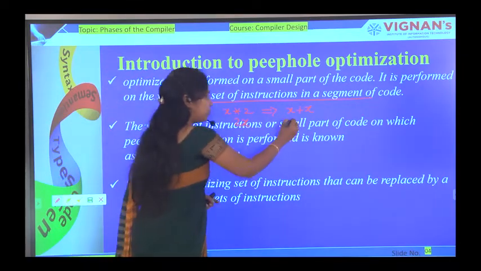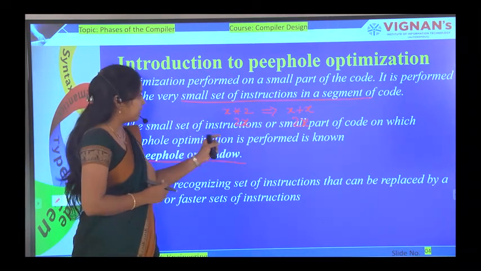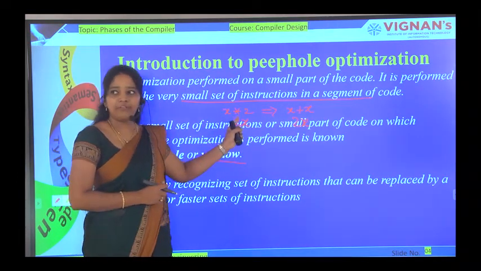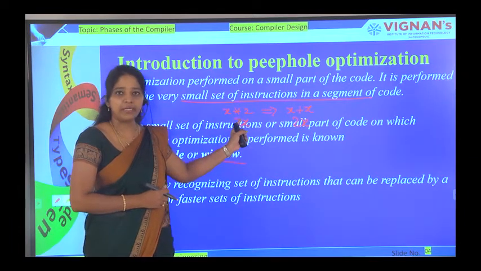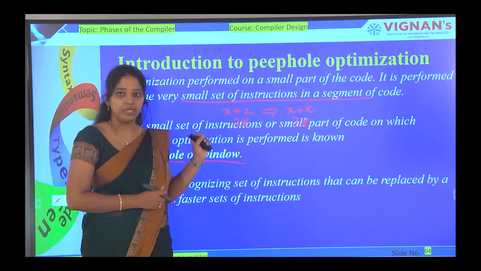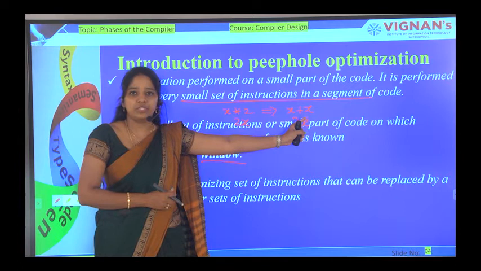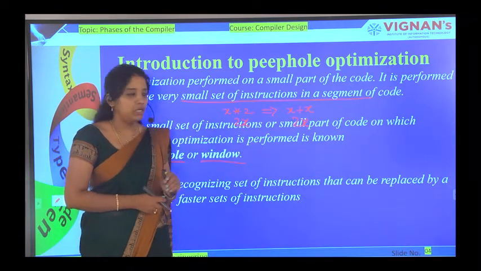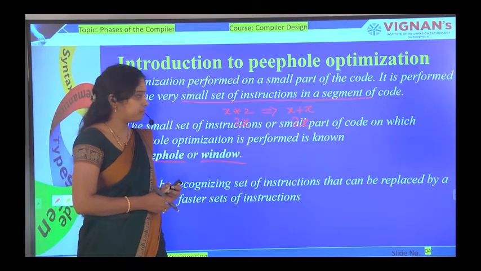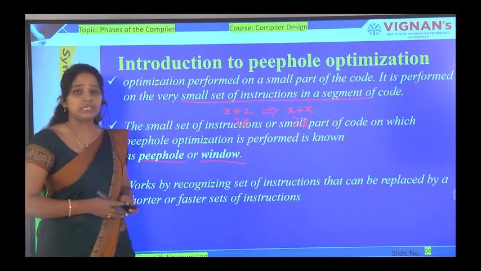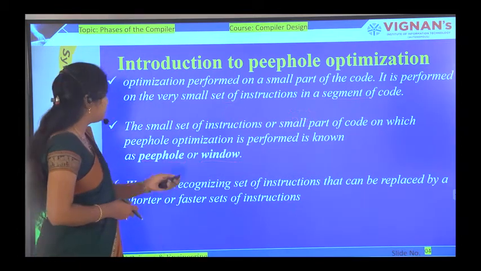After optimizing, it also gives the same output 2x. Before optimizing, we had an expression with a higher precedence operator, multiplication. This can be replaced with the lower precedence operator, addition. So x into 2 is replaced with x plus x. This is one of the optimization techniques in peephole optimization.